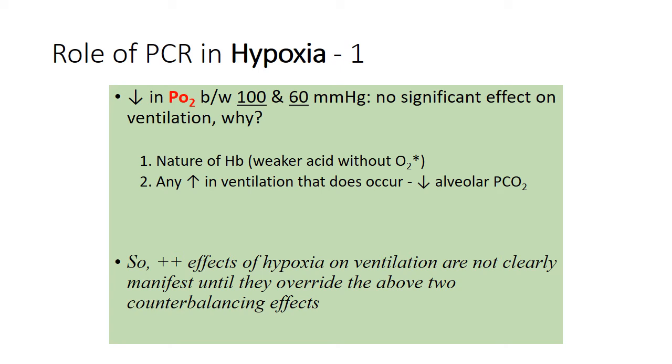Now if you quickly go to the list of stimulants of peripheral chemoreceptors, you will know that hydrogen ions have a significant effect on peripheral chemoreceptors.